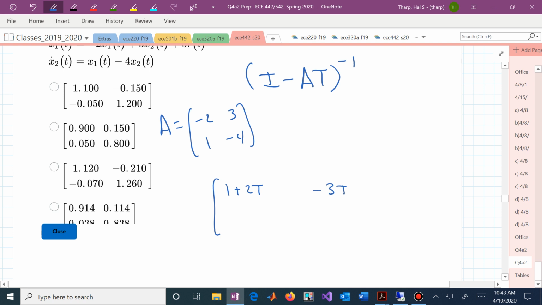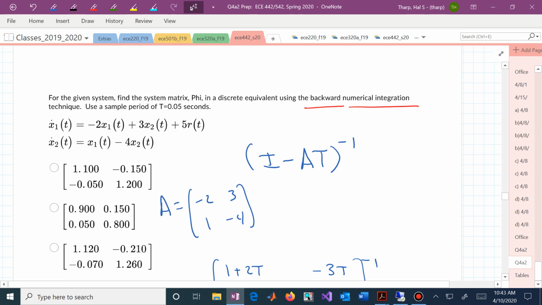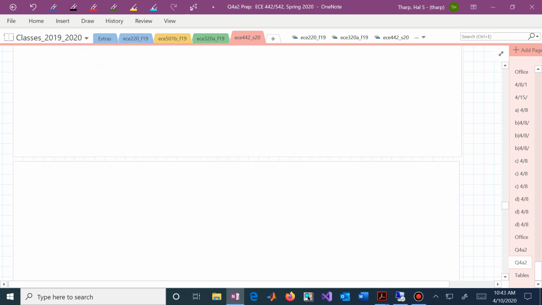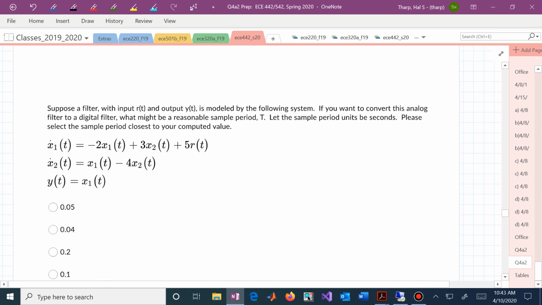I have a minus T, and I have a 1 minus minus 4T. And I invert that. And that hopefully will get you, you are given a sample period capital T. That should now allow you to find the answer for that type of a question.